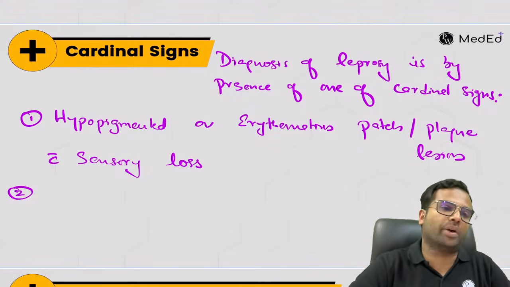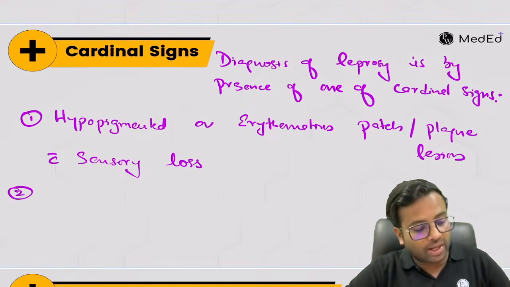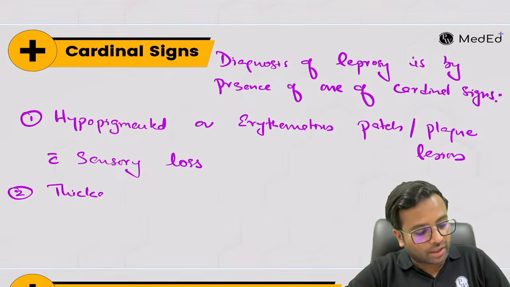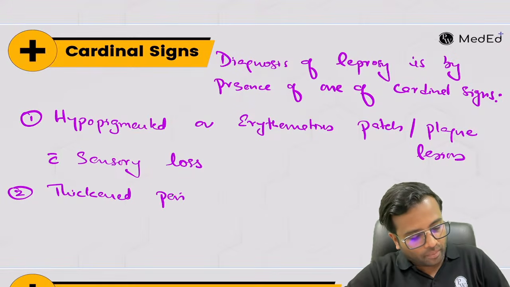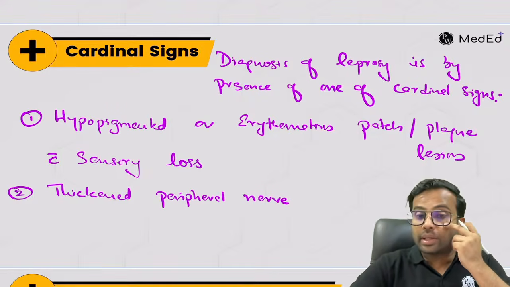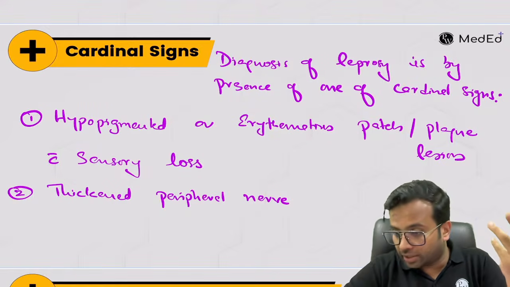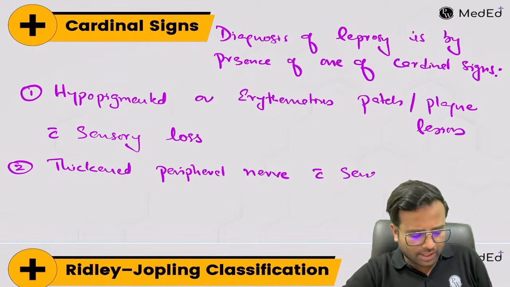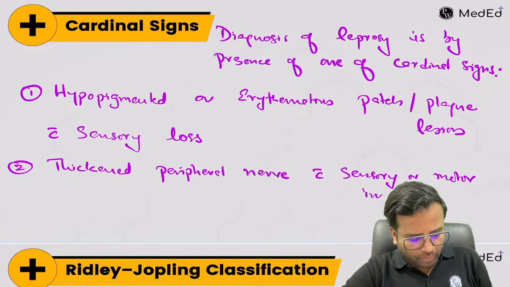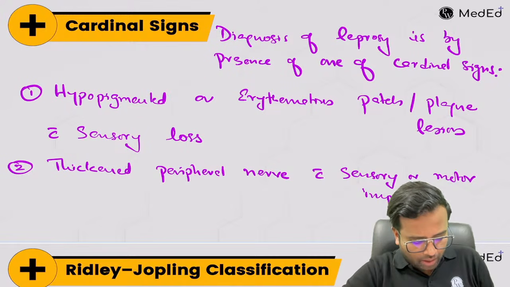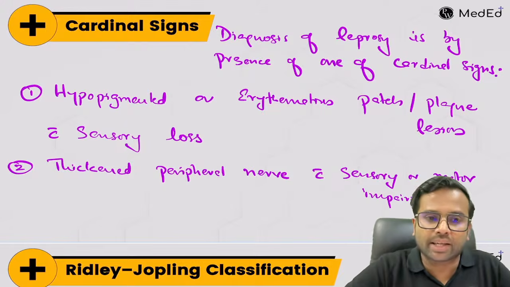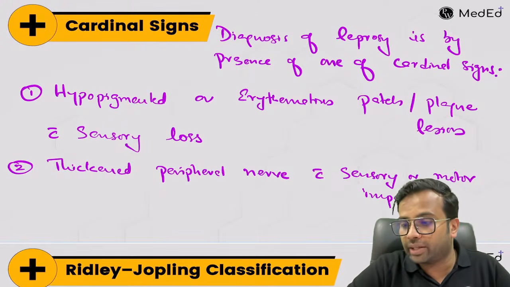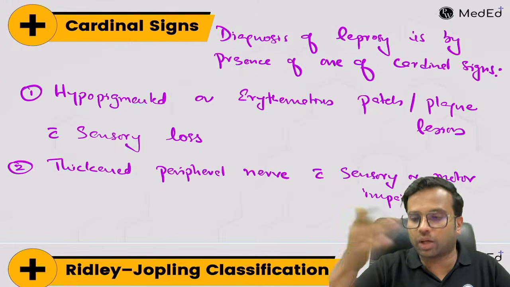The second point is going to be a thickened peripheral nerve, with a sensory or a motor impairment. That is the second point. Ulnar nerve thickening and all comes under this one.